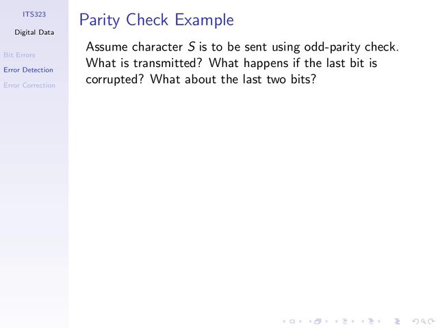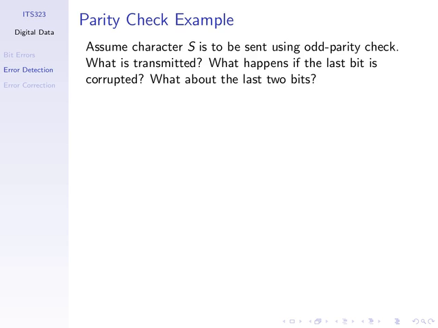And I would have to give you, for example, the ASCII table, or I'd tell you that the character S maps to a sequence of 7 bits. So the data in this case is 7 bits in length. With the parity check, error detection, we take our 7 bits, we attach 1 bit of parity. So we have 7 bits of real data, K equals 7, 8 bits to be transmitted, N equals 8. And then you use the same approach.